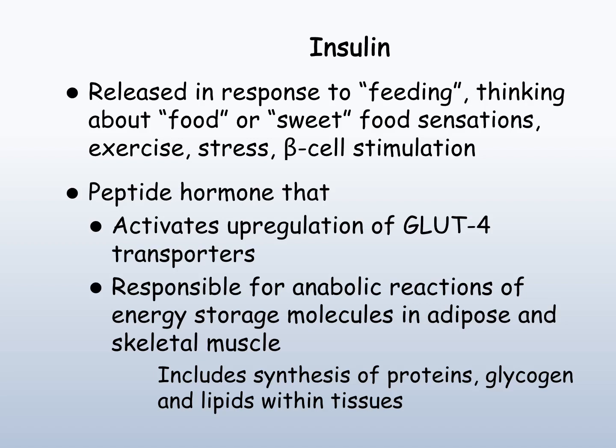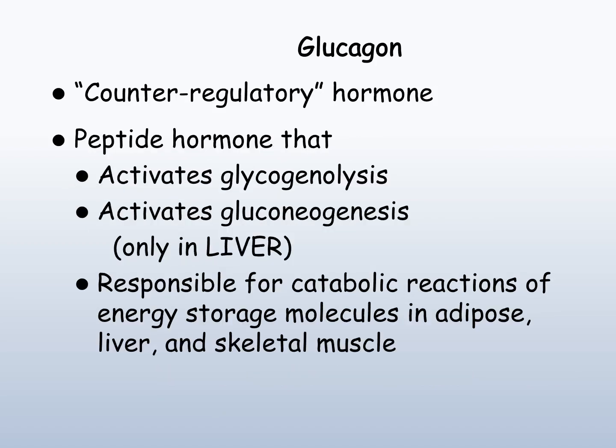The GLUT4 transporter is responsible for increasing the uptake of glucose at specific cells within the body: skeletal muscle, adipose tissue, and the liver. At those tissues, it's going to initiate synthesis of glycogen, synthesis of lipids, and synthesis of proteins. It is sometimes referenced as being a ubiquitous anabolic hormone.